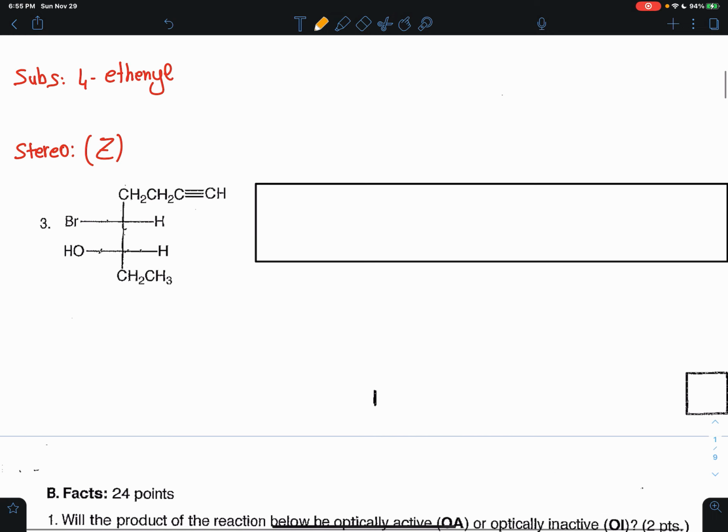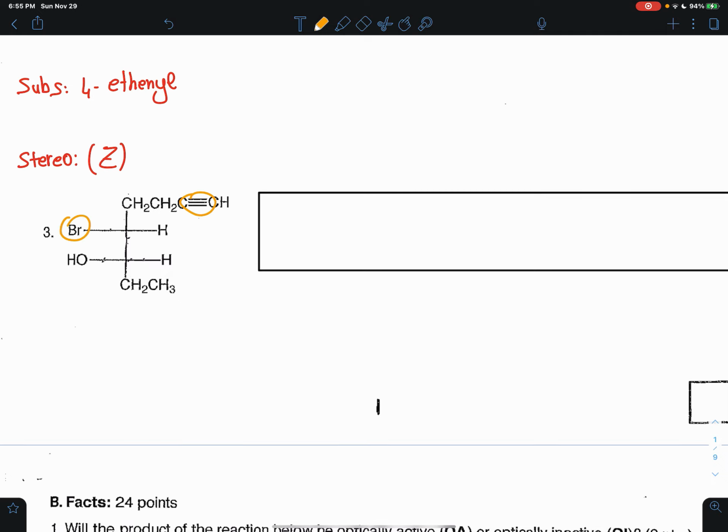So now moving on to number 3. In this case, we have a triple bond. So the functional groups that I have are a triple bond, a bromine, and an OH. Now, the thing to know about the bromine here is that its priority is really low. It's one of the lowest priorities you'll ever see, right? I don't wanna give you the list of priorities right now because that list is a little bit confusing, especially since you don't learn how to name other stuff other than alcohol, alkene, and alkynes, right?